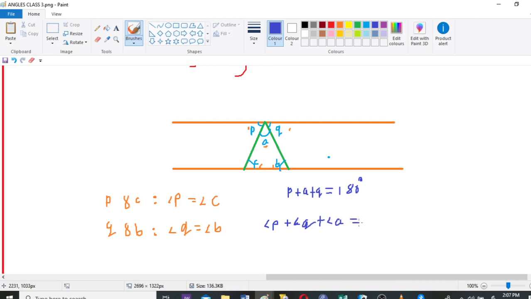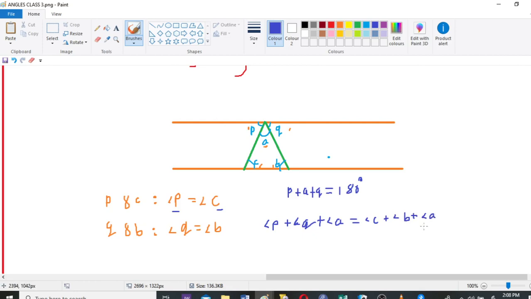From what we have discussed here, seeing that angle P is equal to angle C, let's put where we have P, we replace it with C. Since angle Q is equal to angle B, we have angle C plus angle B plus angle A, they are equal.